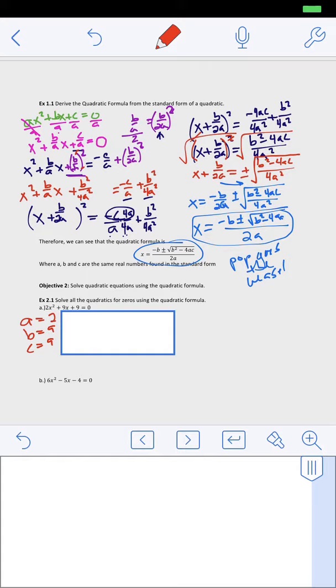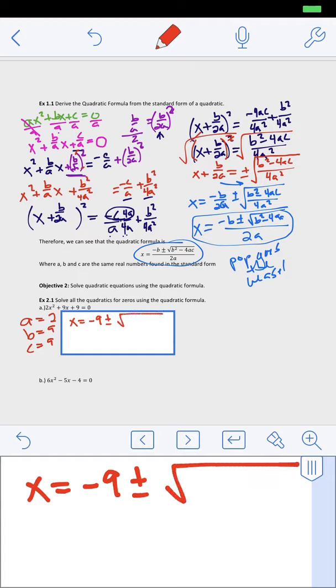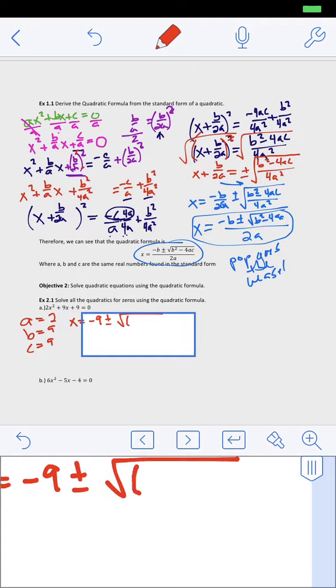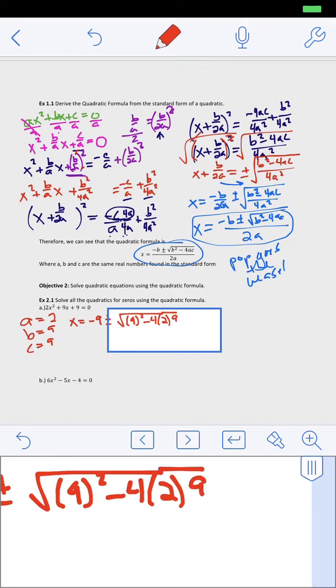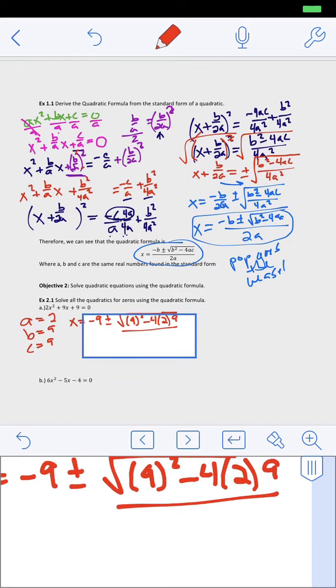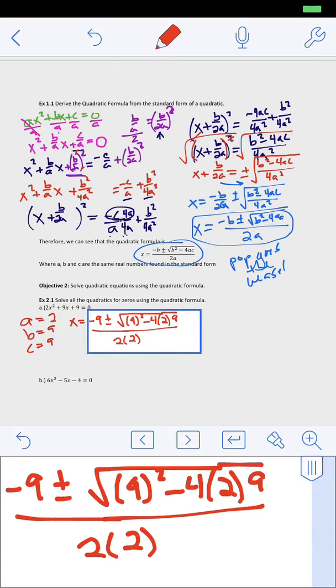Let's plug in. x is equal to minus b, so minus 9, plus or minus the square root of b, which is 9, squared, minus 4 times a, which is 2, times c, which is 9, all over 2 times a, which is 2. So notice I just plugged in the values, right? I knew what a, b, and c were, so I plugged them in.